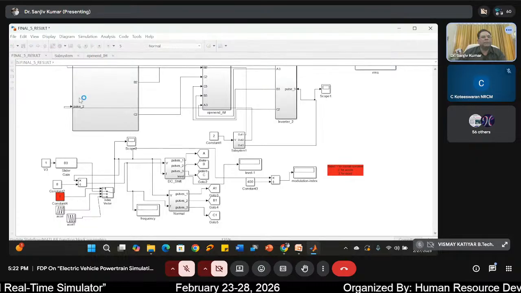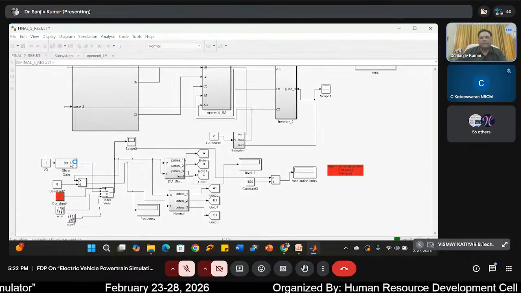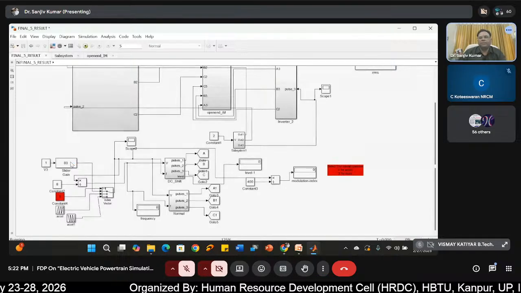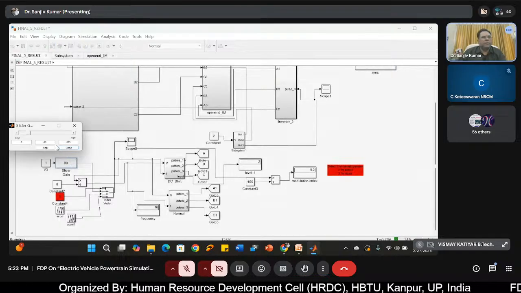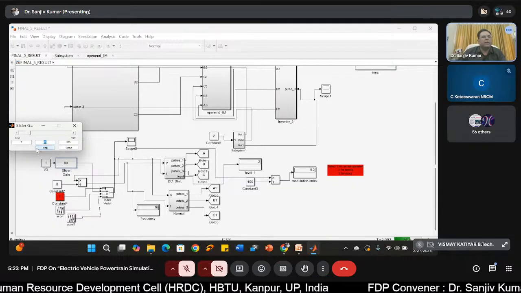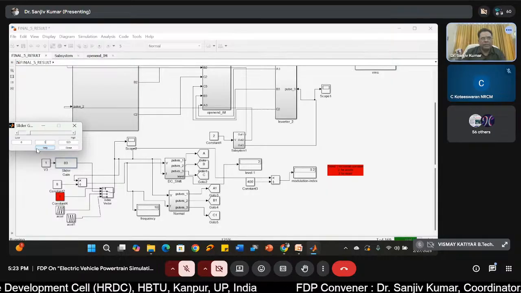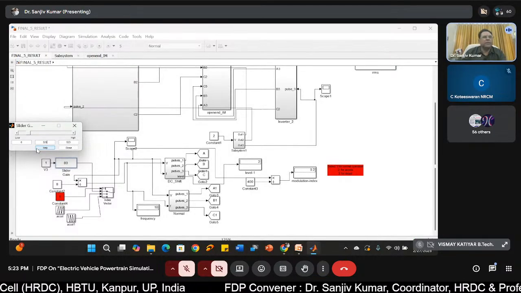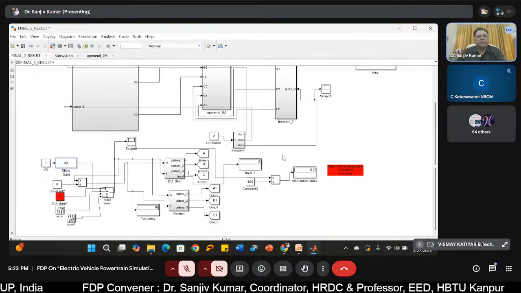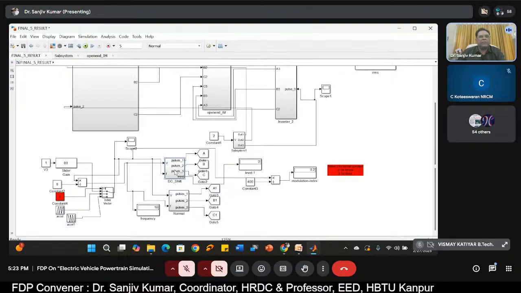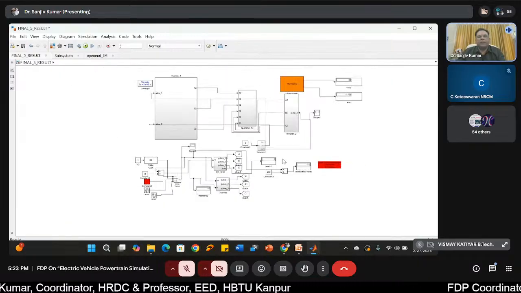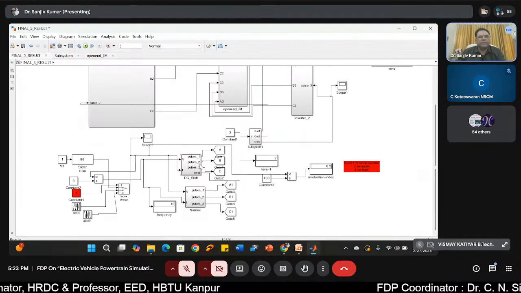Now run this simulation. After this, make this 320. The simulation has ended. Just check where all 3 triangles are.